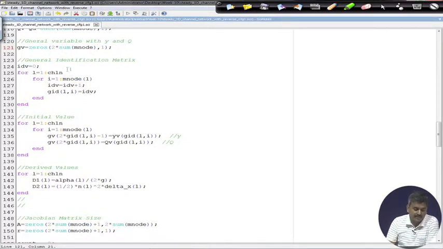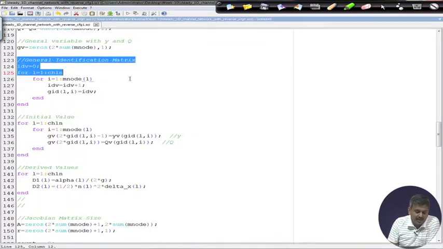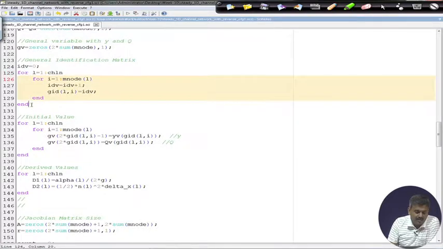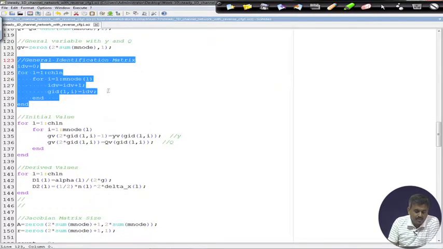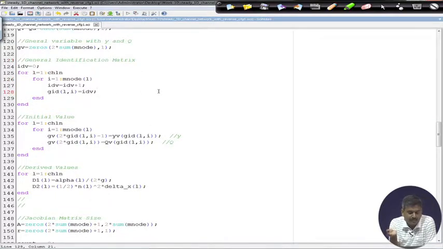Now, in this case we need to define a general identification matrix, and as per our convention this is similar to the matrix we discussed in our previous lecture class, which is GID LI.